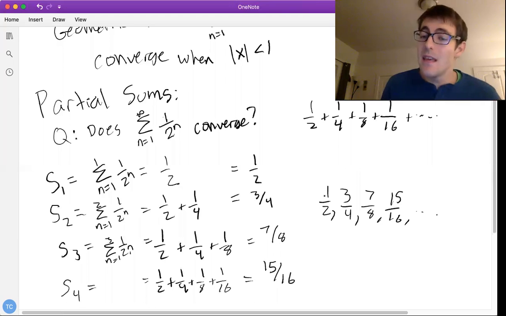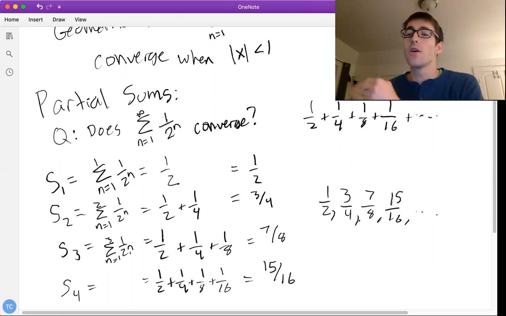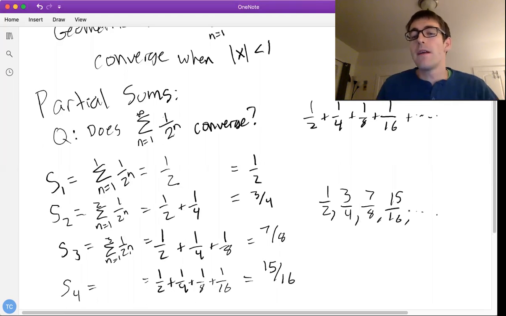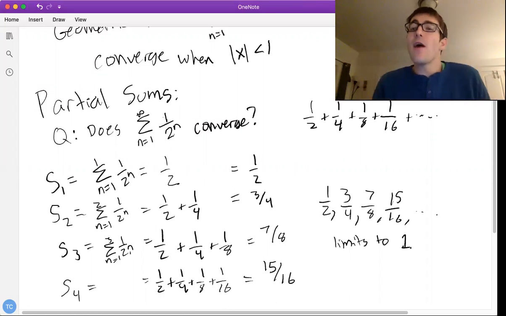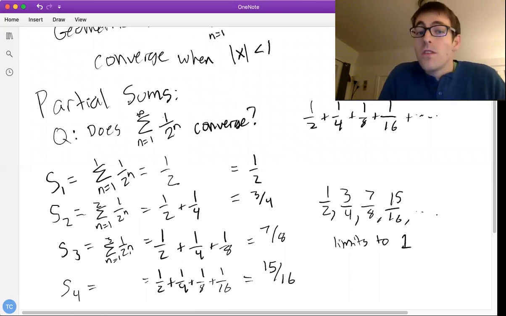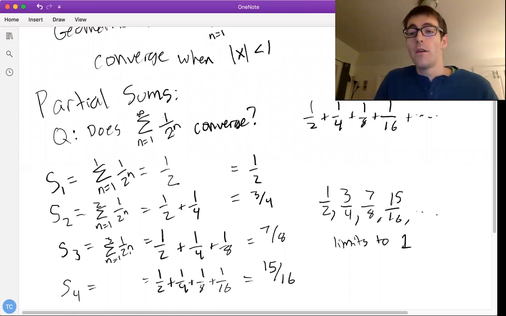In other words, does this number limit towards some specific value? Just by looking at this pattern, we might realize that the next term is going to be 31/32, and then 63/64. As it turns out, this thing limits towards one, which is a way of figuring out that this whole sum ends up actually equaling 1.